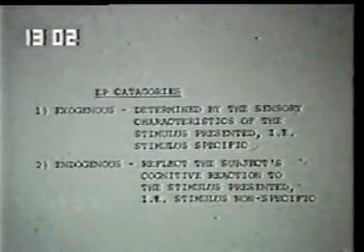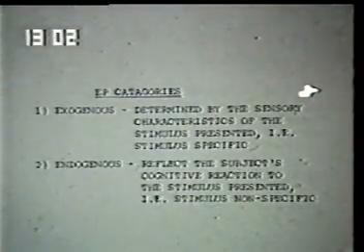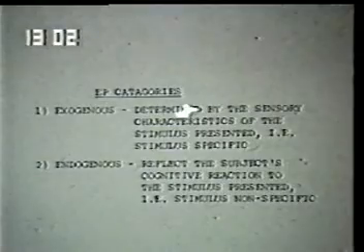Just one thing about these so-called evoked potential categories. Sometimes people divide these up into the exogenous and the endogenous, and those names have come up every once in a while. So just that we understand what is meant. An exogenous potential generally is determined by the sensory characteristics of the stimulus presented.